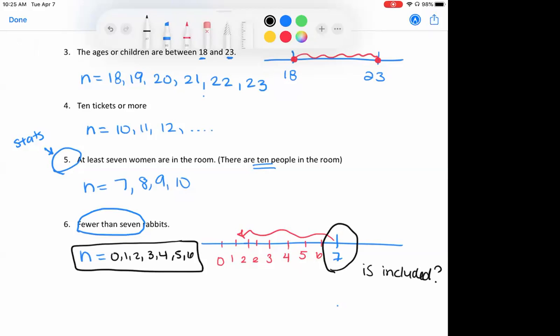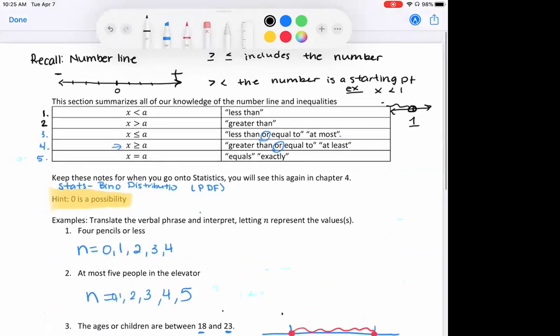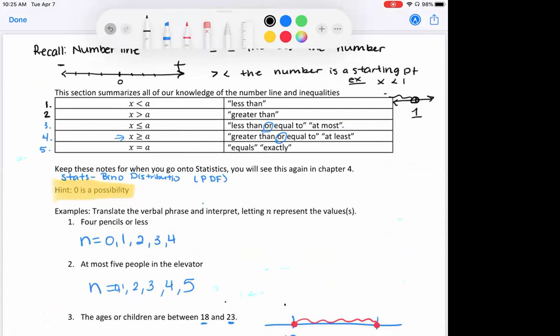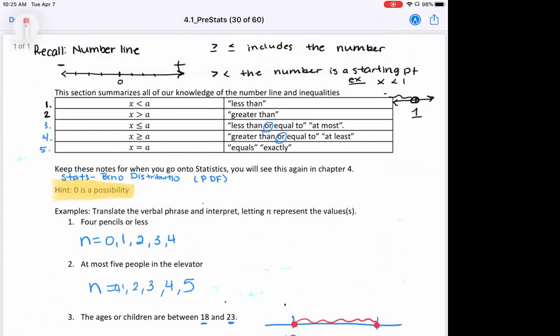Okay, so this is it for your section 4.1. Just being familiar with that phrasing and inequalities and how to translate into English will be very important in your stats class when you move on. It'll save you from silly hiccups. So if you're working with this now on your laptop or your phone or your iPad, screenshot this, so you have this little chart we did handy.